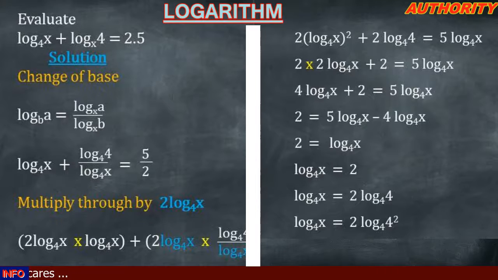So, taking away the log base 4 now, we are going to be left with x is equal to 4 raised to power 2. And then 4 raised to power 2 is the same as 16. So therefore, the value x is equal to 16.